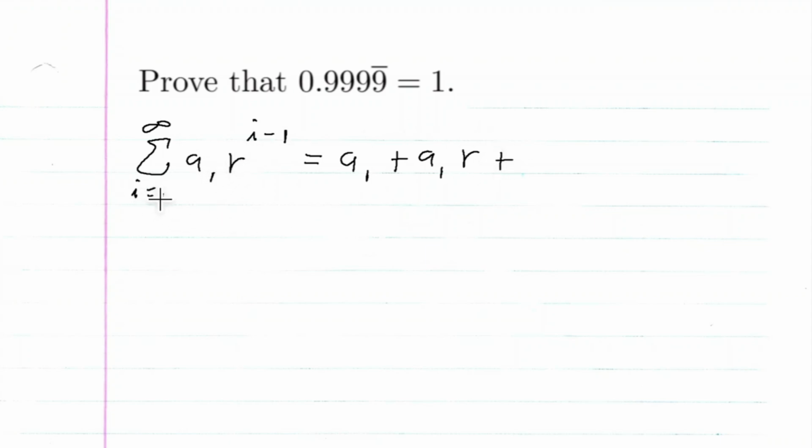The next term would be 3, so 3 minus 1 is 2, so it would be a sub 1 r squared. The fourth term would be a sub 1 r cubed, and so on forever, right?